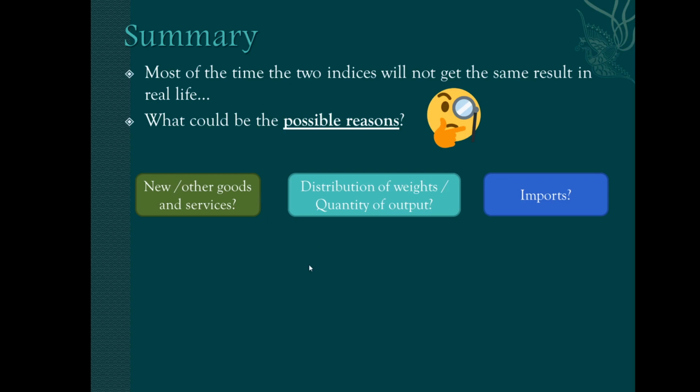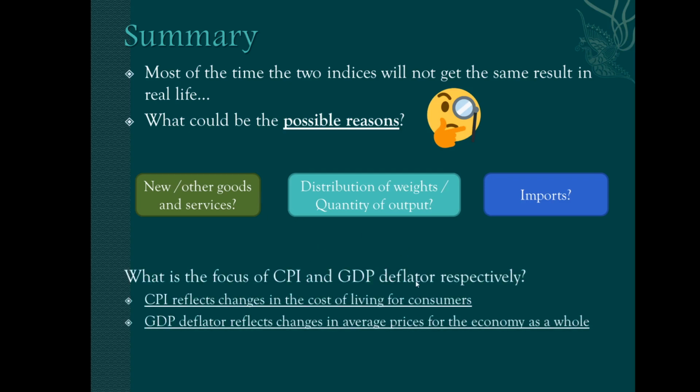At the end, they all serve the same purpose, but they are focusing on different things. Think about this: CPI is reflecting the change in cost of living for consumers. So they are focusing on consumers, the cost of living for consumers. But GDP is calculating the total output for the entire economy.